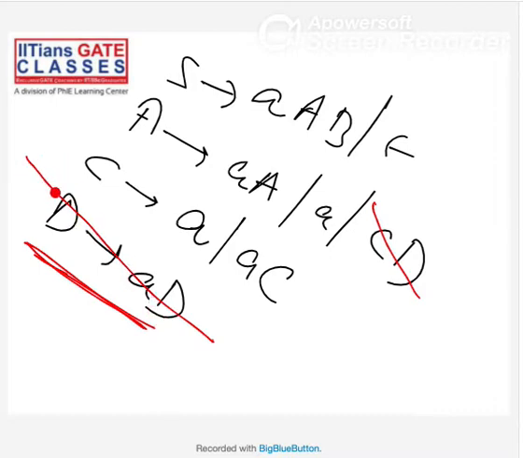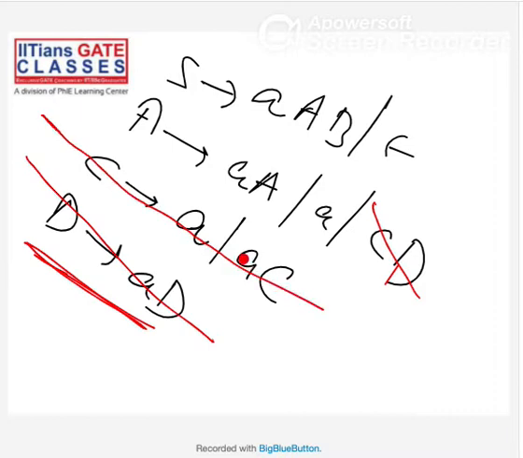Because D is useless, CD also becomes useless, so you can remove this also. Now if you remove these two things, this C becomes unreachable. So now this is also useless.